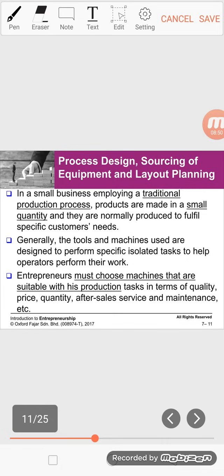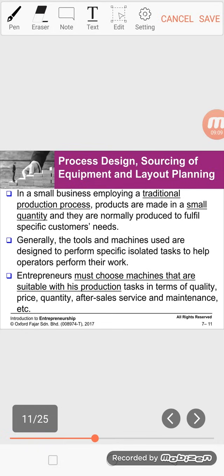Okay, so traditional production process usually dia akan buat dalam small quantity. So kebanyakan IKS ataupun SME, small medium enterprise businesses, they usually make their products in small quantity, small batches of products.